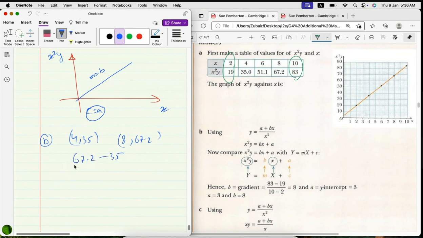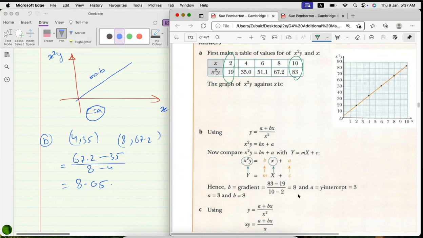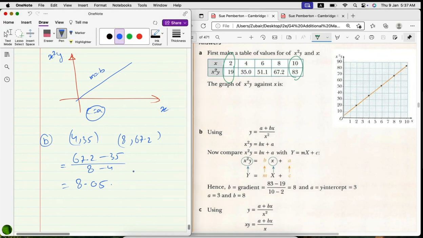y2 minus y1 over x2 minus x1. Using the calculator: 67.2 minus 35 over 8 minus 4. I'm getting 8.05. So in the actual question, they just rounded it, no?